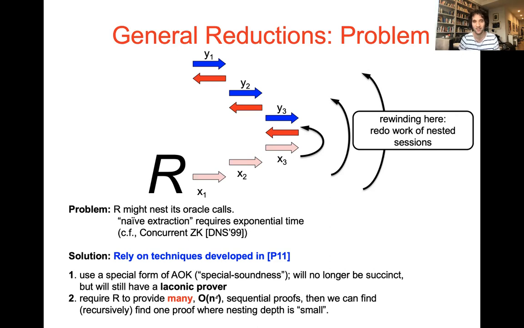Again, I won't go into detail why this is needed, but intuitively, in order to prevent these types of nesting problems like we had on the slide here, if we have many sequential proofs, we can cleverly figure out which ones to rewind from in order to extract out the preimage without running into this overhead in running time.